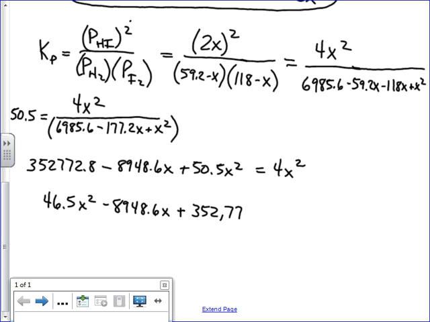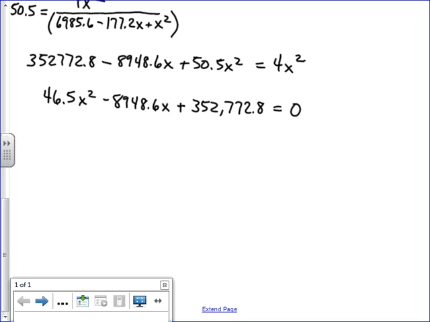I'm not real worried about that right now. We'll round at the end. Equals 0. Okay, well, slightly more complicated than the quadratic expressions that you probably see in your algebra class, but there it is, all right? And so this takes the form ax squared plus bx plus c equals 0, okay?